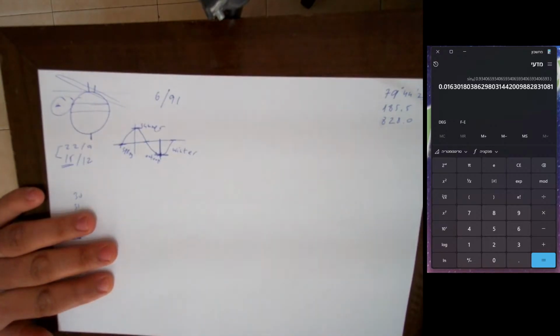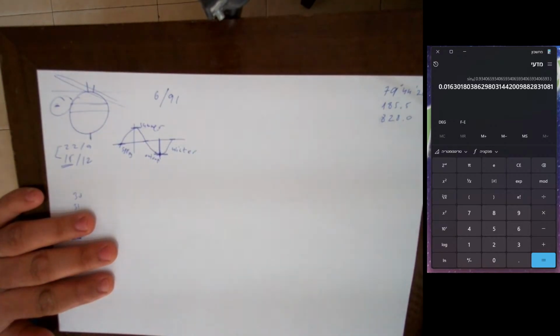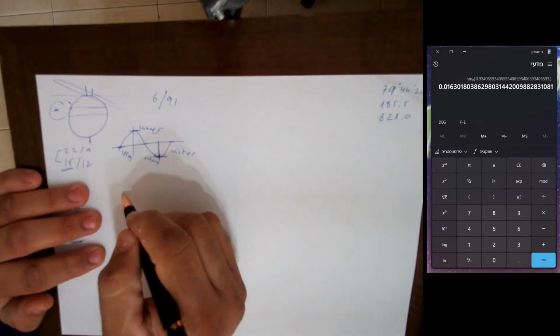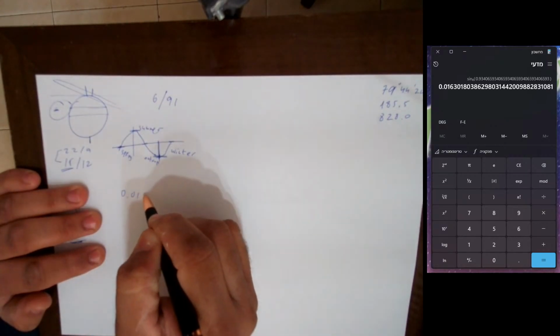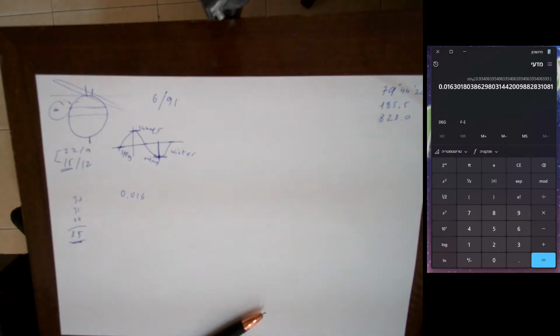And you will see if I do the cosine of the complement of this, we'll get to the same number. We have 0.016. The rest doesn't matter. You can see 6 divided by 91 equals that, and the cosine of that.